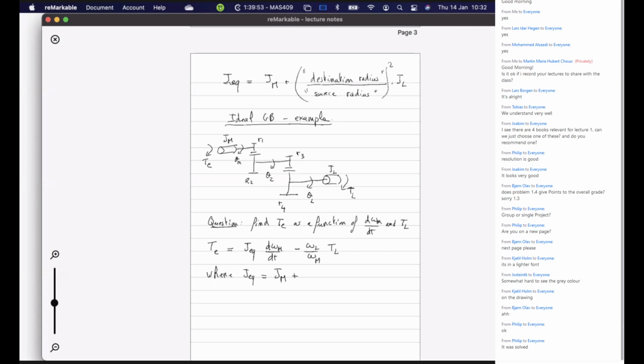Well, if we move the first here, since we don't have any inertia on the axis 2, we have 0 times R1 divided by R2 squared, which is still 0.